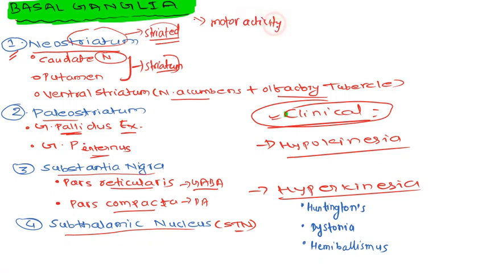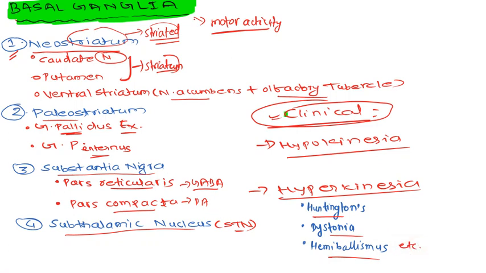So this is the reason we will have disorders of hypokinesia or hyperkinesia. We can also see Parkinson's disease as a disturbance in the dopaminergic pathway of the basal ganglia, through the nigrostriatal pathway. In hyperkinetic movement we have Huntington's disease, dystonia, hemiballismus, etc. We can learn the details in the books as well.